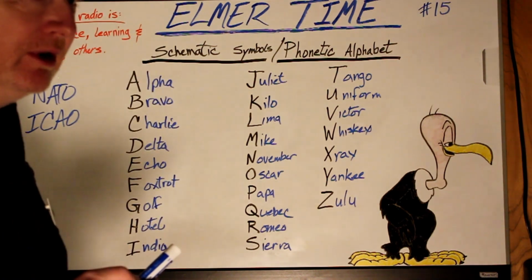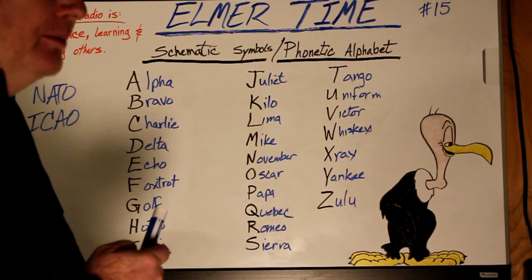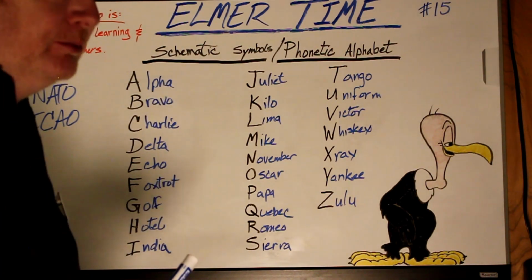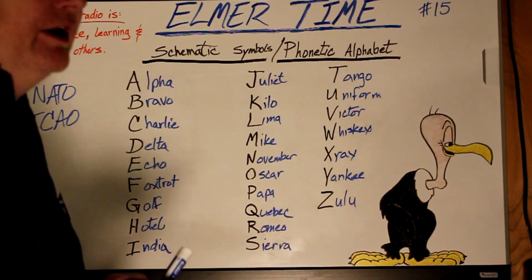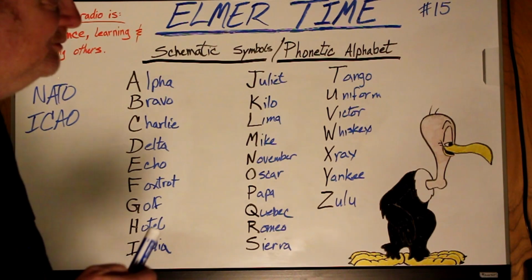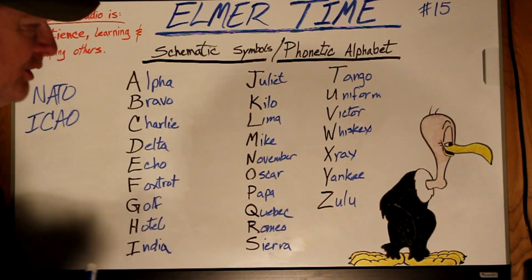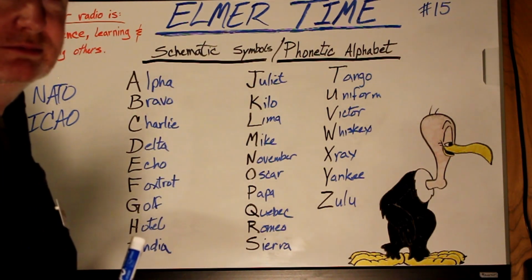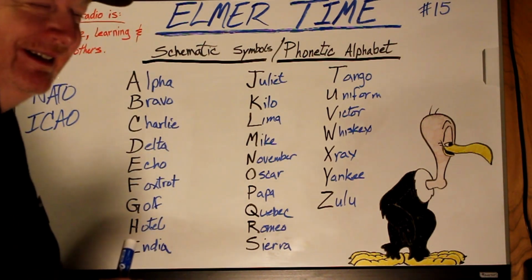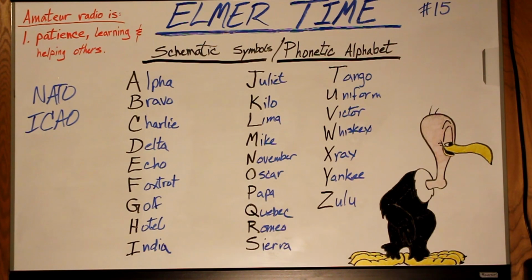You will hear people out on the air making up their own phonetic spelling for their call letters or what have you, just to be silly. But really, these are the ones that are needed. So, that's that.